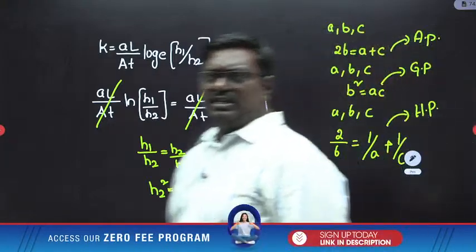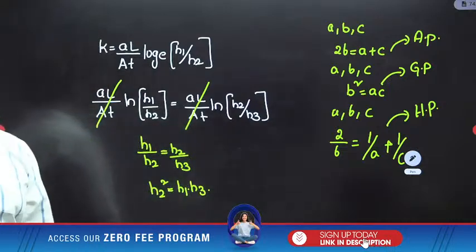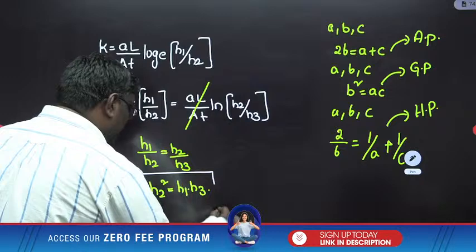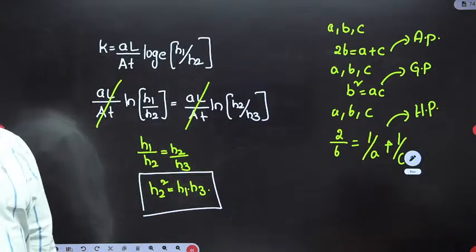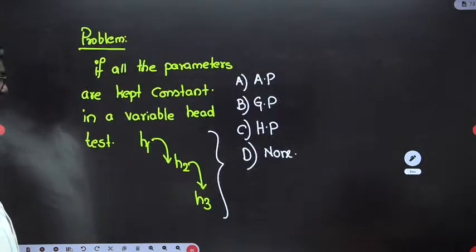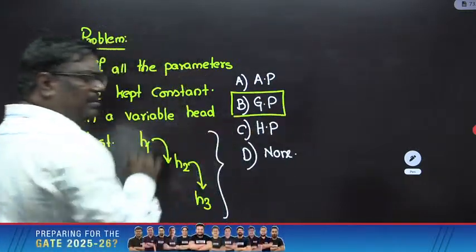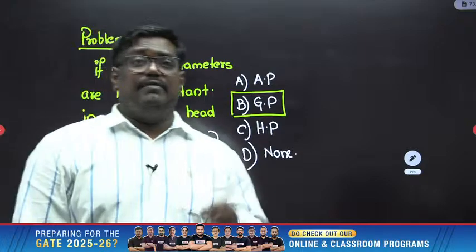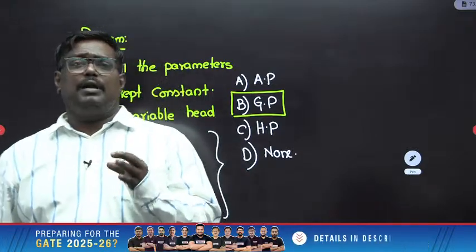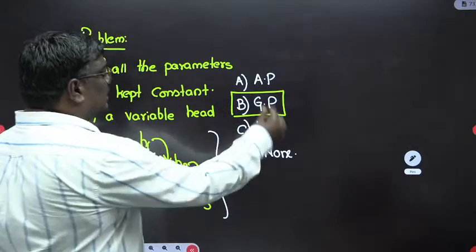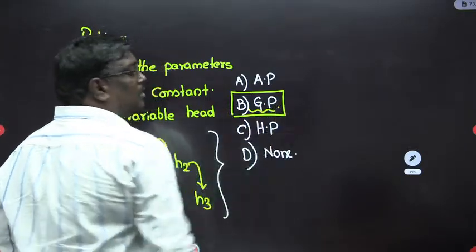Based on these 3 conditions, H2 square is equal to H1 into H3, so the right option is geometric progression. You can remember directly: in a variable head test, if all the parameters are kept constant, the heads are in geometric progression.